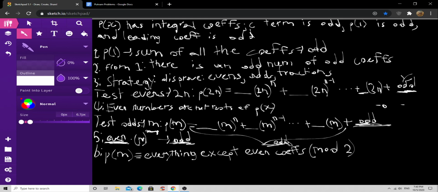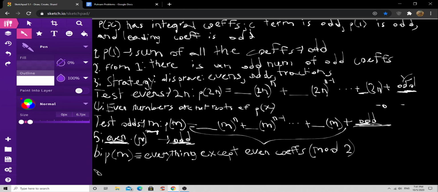Okay, so we know that there's an odd number of odd numbers. I know I'm repeating here, but it's key. So as a result, we'll just get an odd number since there's an odd number of odd numbers. So we know that this is a contradiction, right? Because 0 is not an odd number.